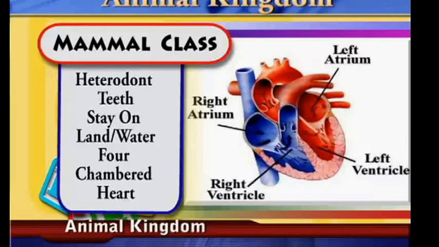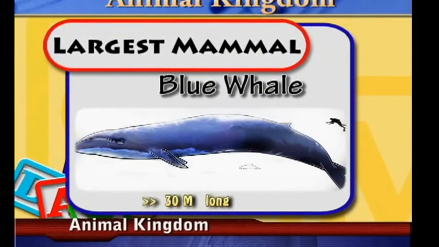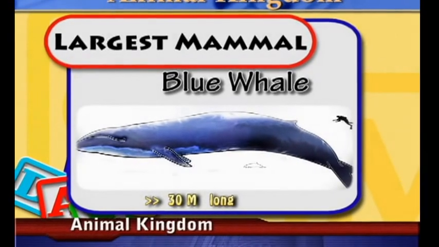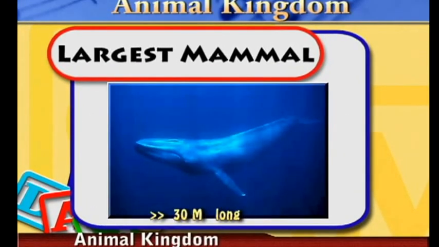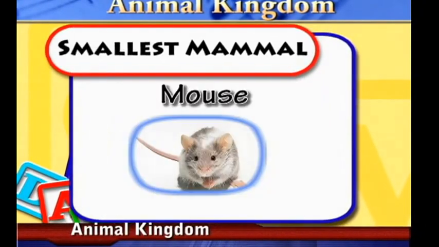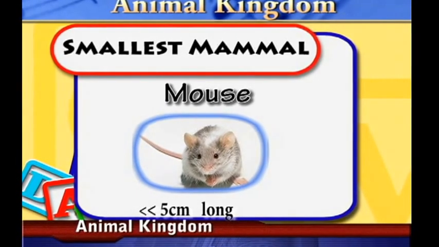The left side and the right side are separated by the septum, thus having a 4-chambered heart. The largest mammal is the blue whale, which is approximately greater than 30 meters long. And the smallest mammal is the mouse, which is approximately less than 5 centimeters long.